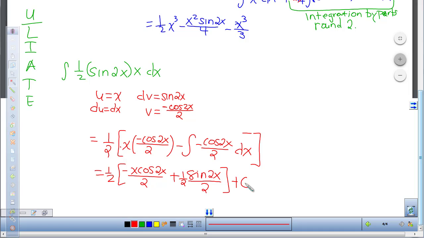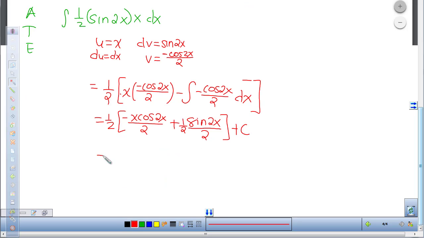Everybody okay with that? All right, so if we clean that up a little bit, looks like I can pull another 1/2 out. So we get 1/4 times minus x cosine 2x. And then we still have sine 2x over 2, plus c. So we need to take this back up there.